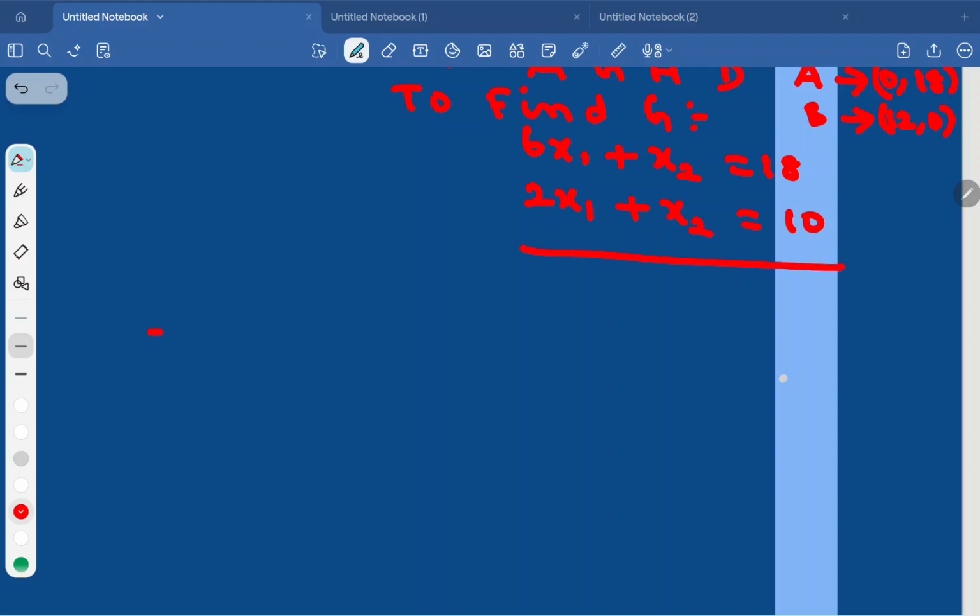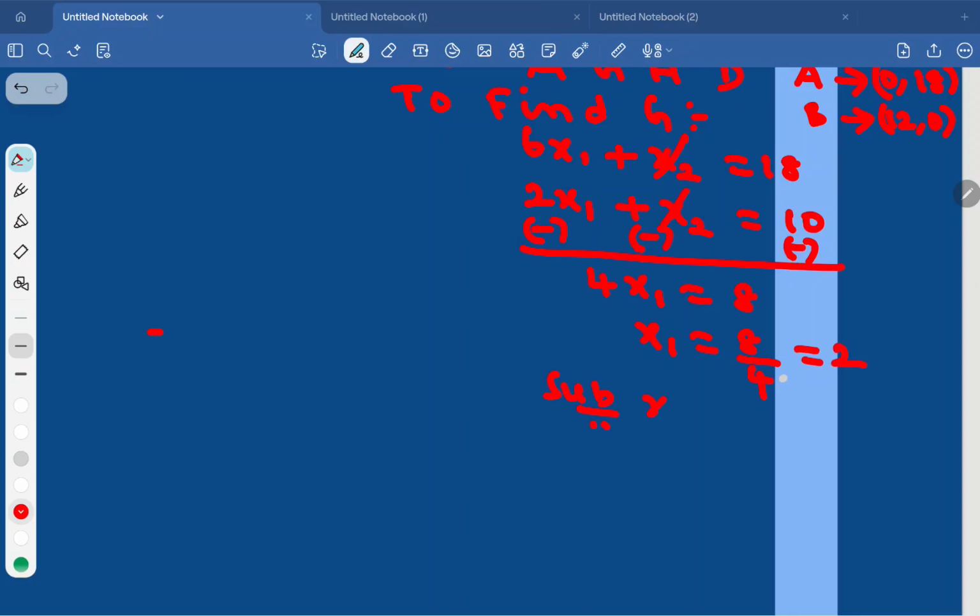If I solve by the elimination method, subtracting these two equations, x2 minus x2 cancels: 4x1 equal to 8, x1 equal to 8 by 4, which is 2.